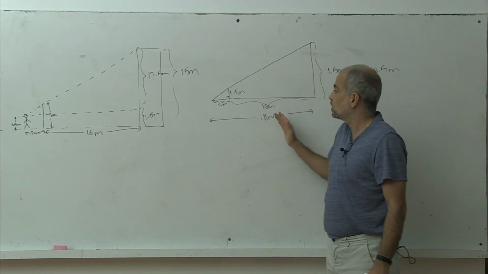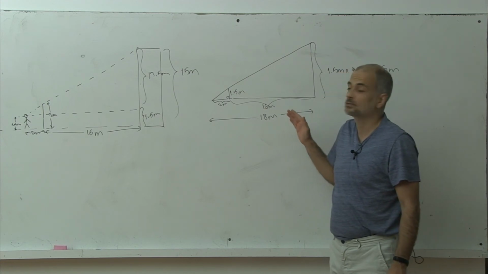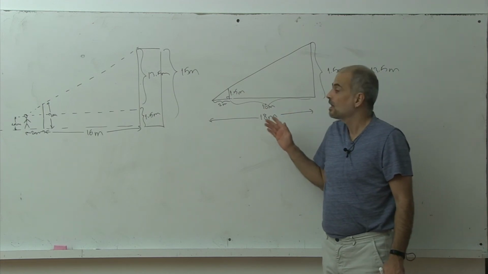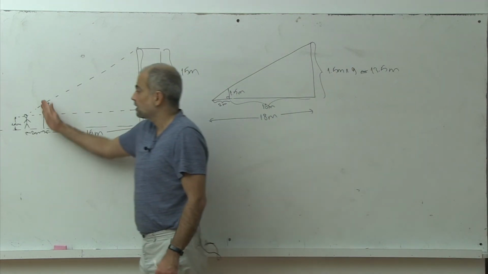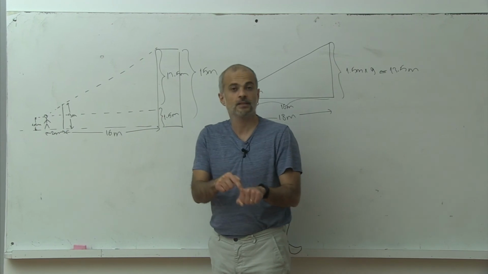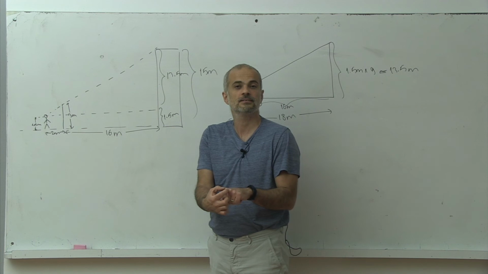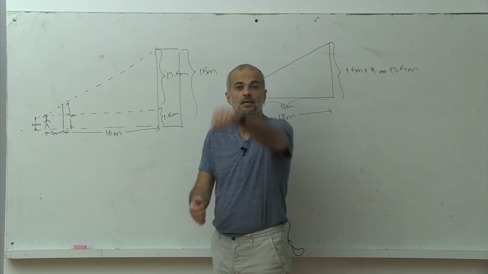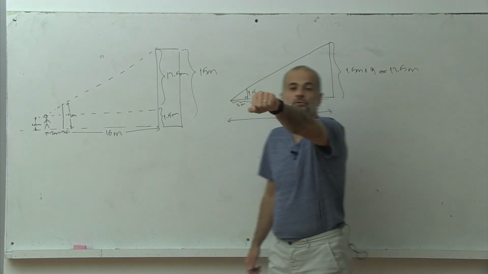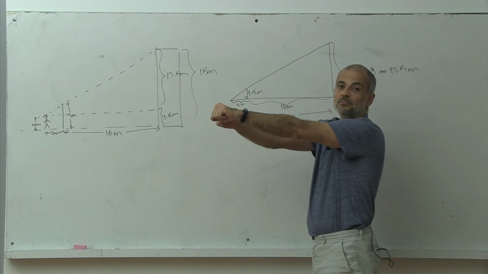In fact, this way you can estimate the distances of objects that are very far away from you. Instead of this pole, another thing that you can use would be just the distance between the knuckles of your hand. Typically, this distance is 2 centimeters. If you straighten out your arm, this length would be typically 1 meter.